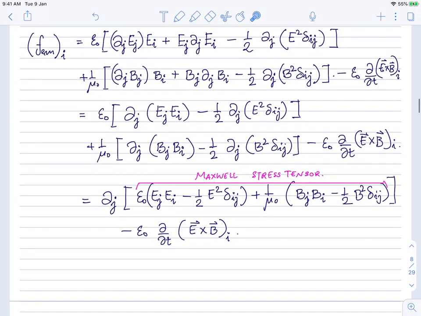Very good. Now, if we look at this in this form, we see that there is a derivative on every term in this expression out here. So we can pull the derivative out, and then inside we have a quantity which is a two-indexed quantity, because it has a J index and an I index.